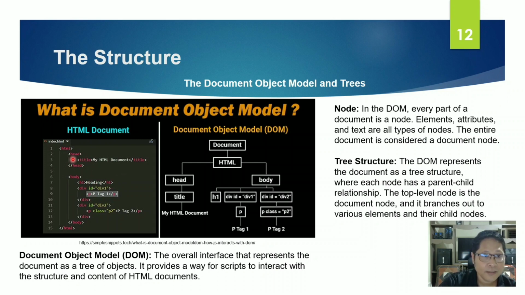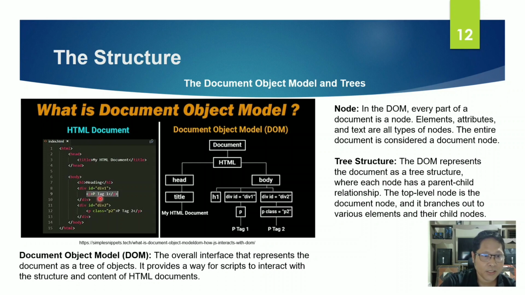Okay, just like here. And the head, what about the head? Inside the head we have the title. The title here is the child of head, so we can see. And inside the body also we have the h1, div1 and the div2. Just like here, you can clearly see that div1, h1 and div2 belong to the body here.